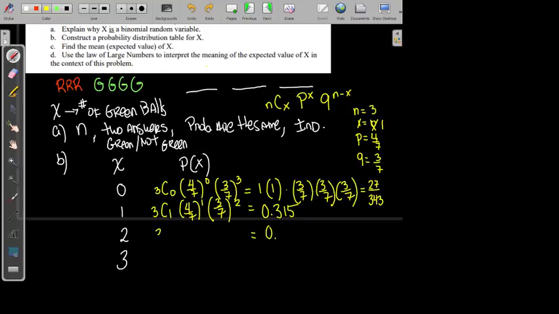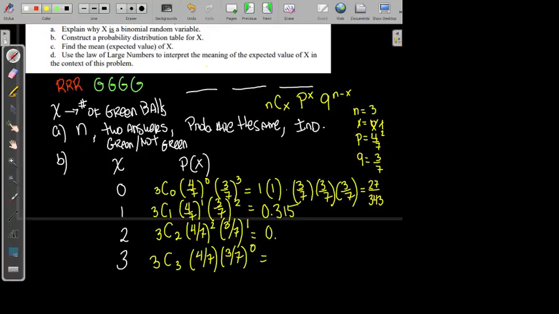The next one will be 3C, and now instead of 1, it's going to be 2. This one will be 3C3. So I'm going to quickly copy this. 3 minus 2 is 1.